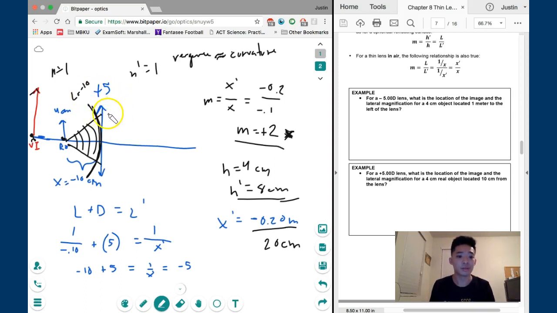Well, this power, the positive lens, right? If there was no lens, the rays would go like that, but instead it bends the rays a little bit like that, right? But it was not enough to make it converge and form a real image.